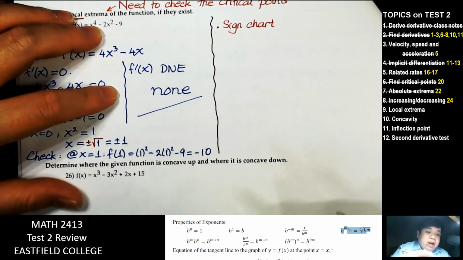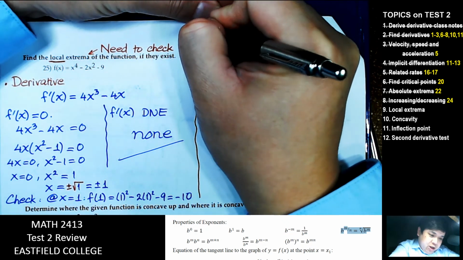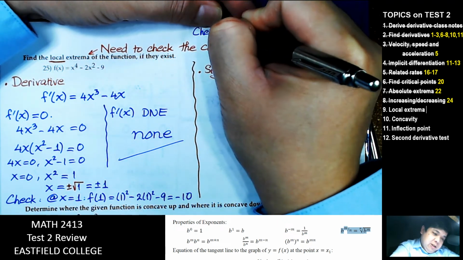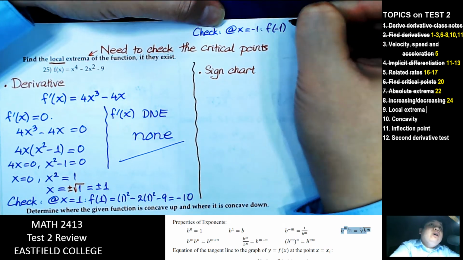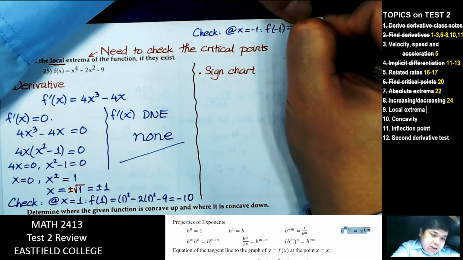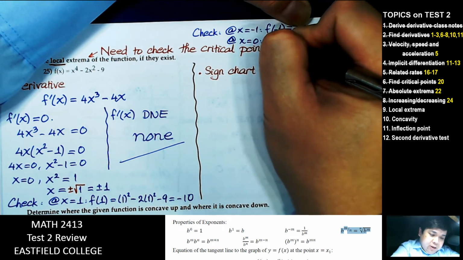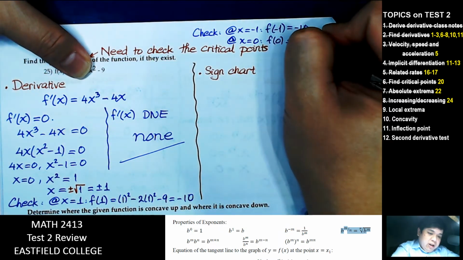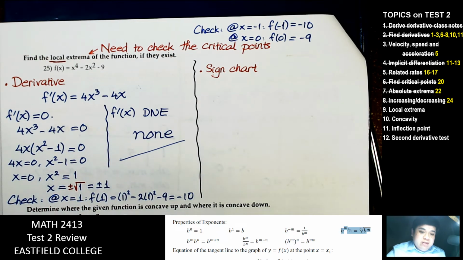And then for negative 1 we should get the same thing, negative 10. Then we check for 0, we should have negative 9. So we put the values back into the original function. Every time we check, we use the original function, except on the sign chart, where we use the derivative.